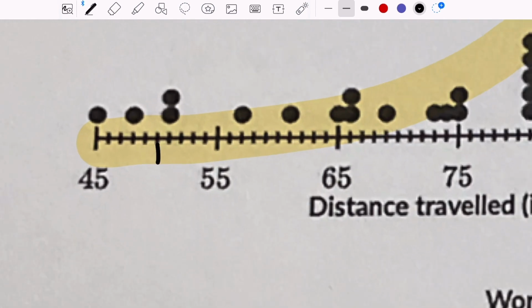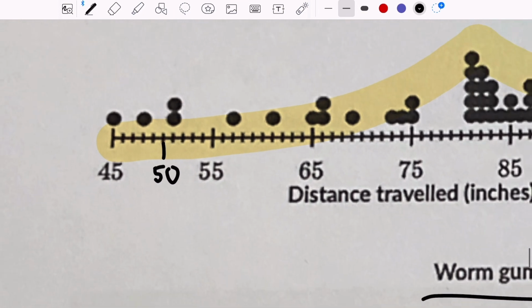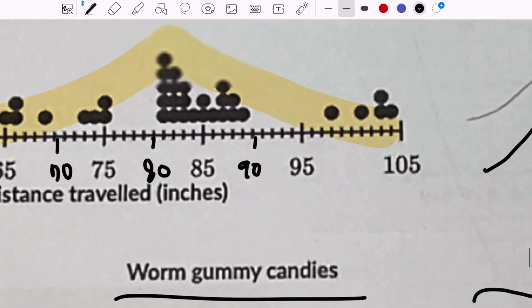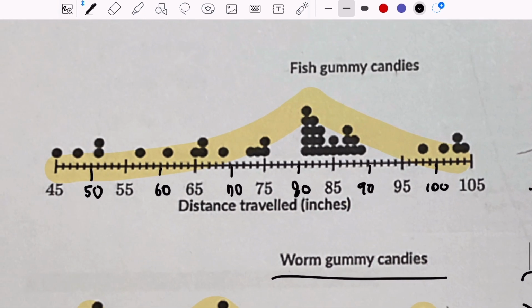This would be 50, this would be roughly 46.5 something. Let me label 60, this would be 70, this would be 80, this would be 90, this would be 100. So let's find it out.